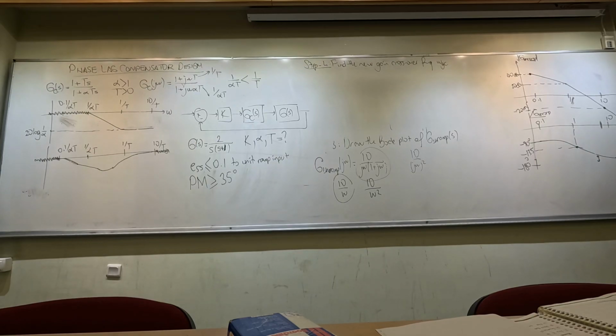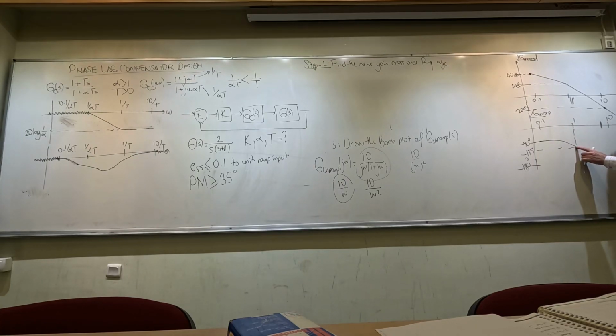But by using the gain reduction of the phase lag compensator, we are going to reduce the gain so that at the new gain crossover frequency we have a larger phase for the system and we will have a larger phase margin. Okay? If I want 35-degree phase margin, where should this phase cross?